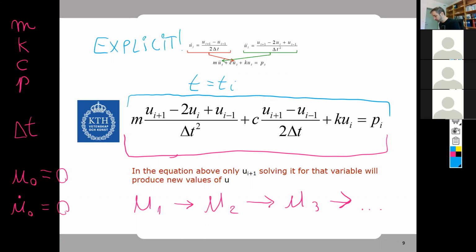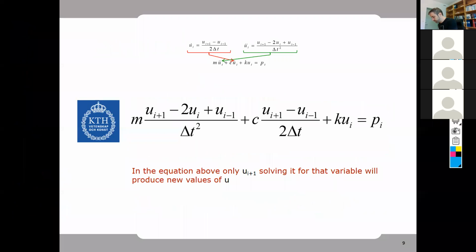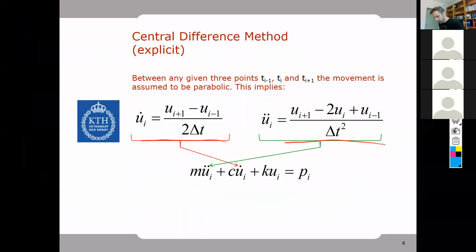If I go back a slide, and here we are using the equation of motion at t sub i.